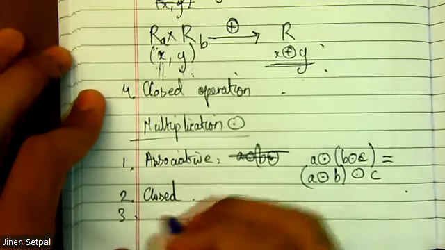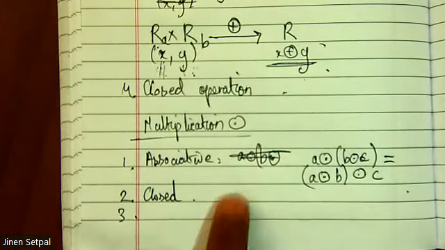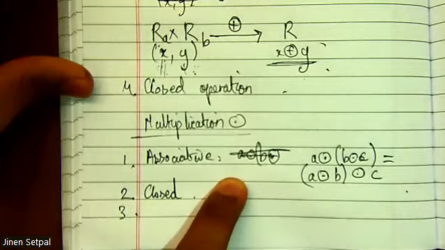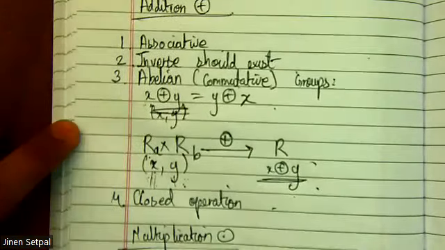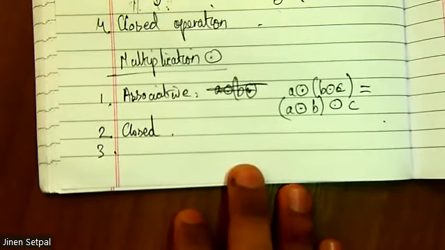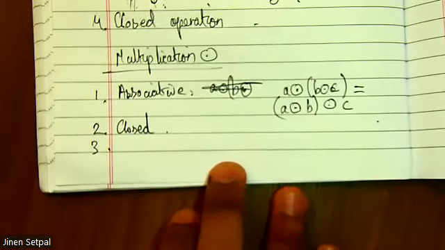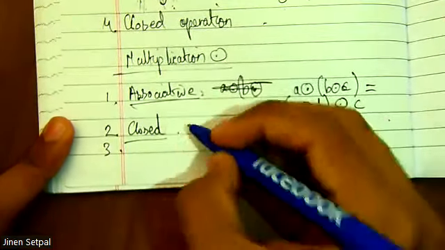An important thing to note is that while we have these four properties for the additive operation, for the multiplicative operation, there are only two things actually required: it is associative and closed.